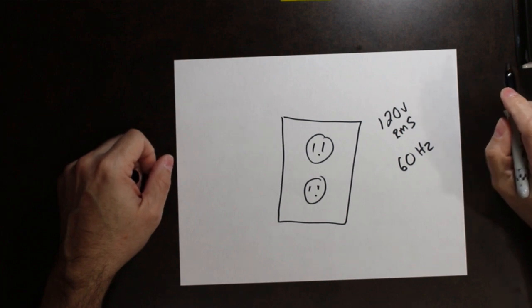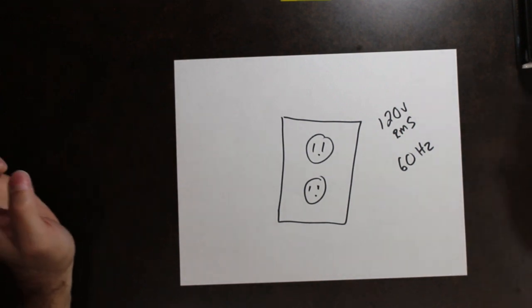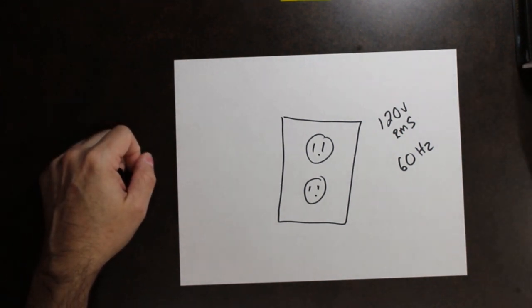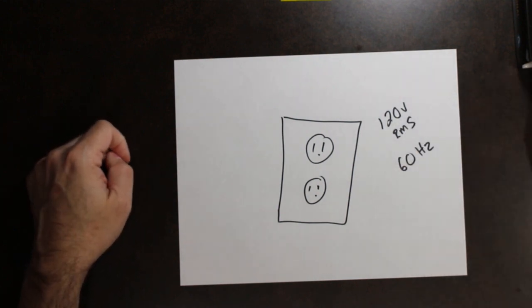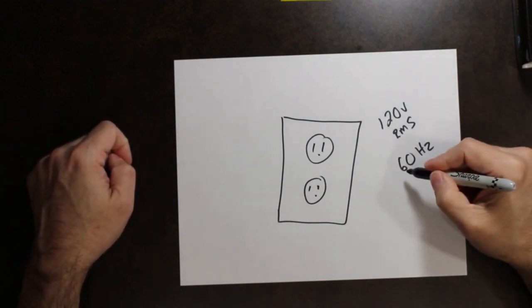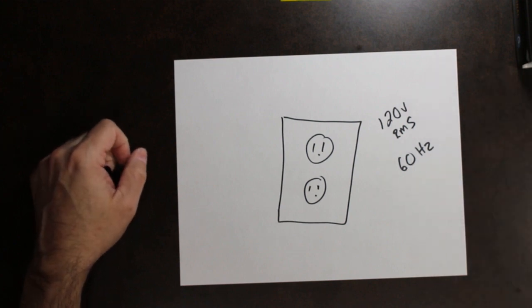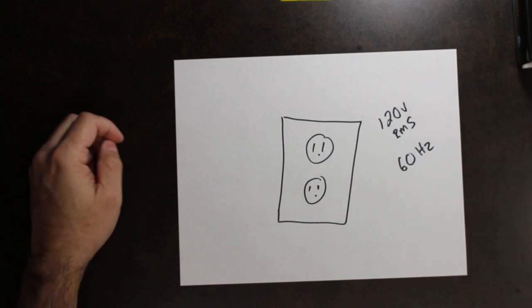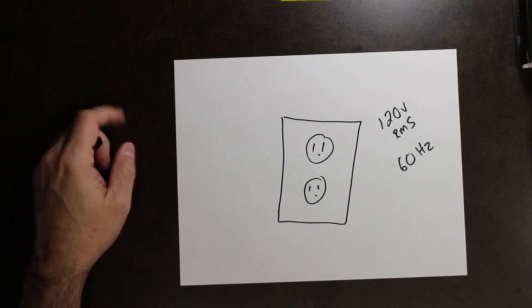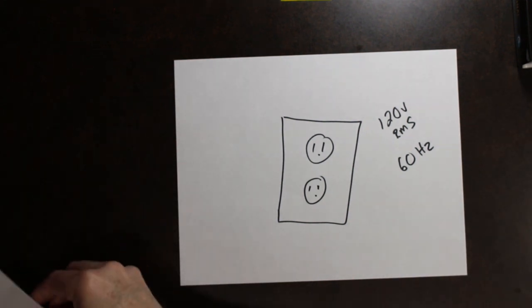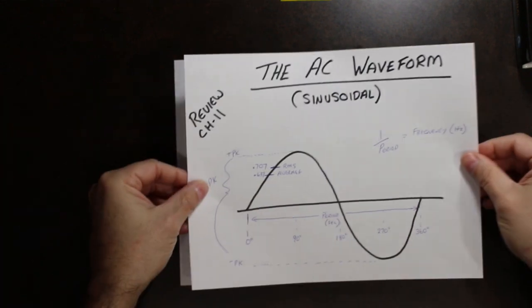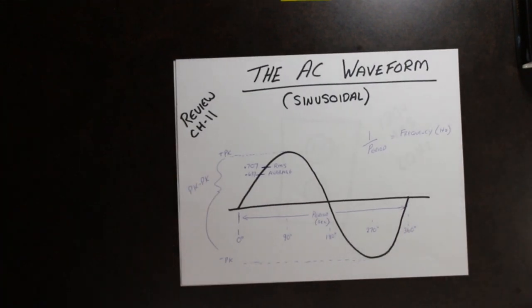That is what's being sent to us from your hydro supplier here in Canada. So 120 volts, that's an RMS value. 60 hertz is the frequency of that waveform. So that is the introduction into the AC waveform.